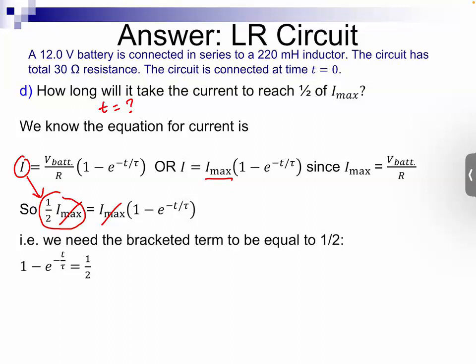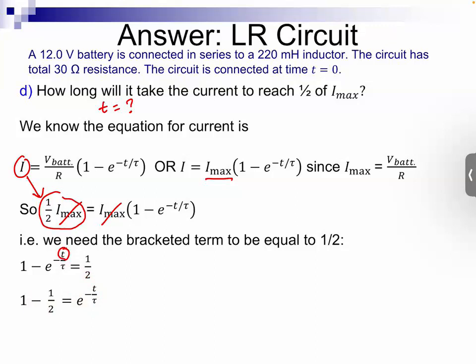Right, and we want to find the time. Time is what we are after, so it's a matter of rearranging this equation. You have this exponential function tied up with this 1. So you isolate your exponential function by itself.